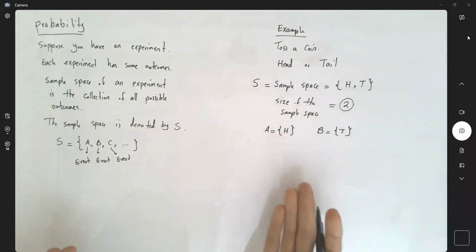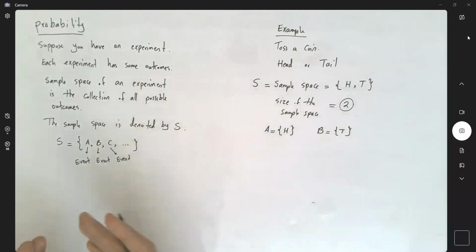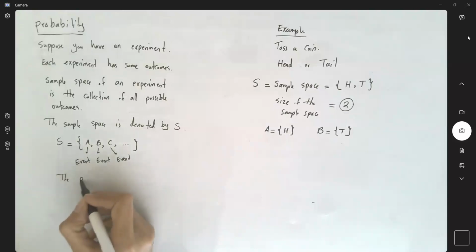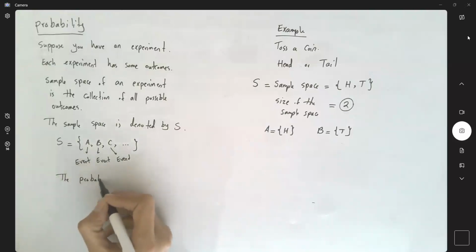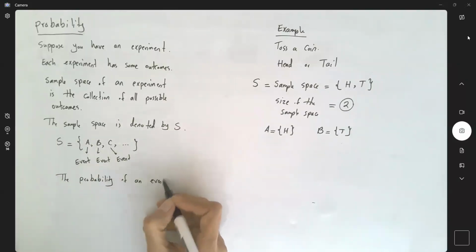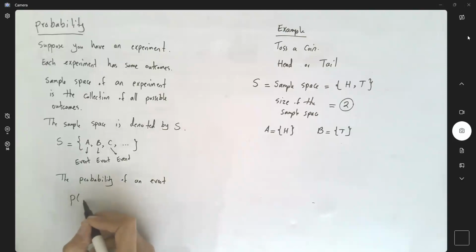Why is it important? Because it helps us to define the probability of an event. So the probability of an event is defined as P of that event, which is basically a fraction.